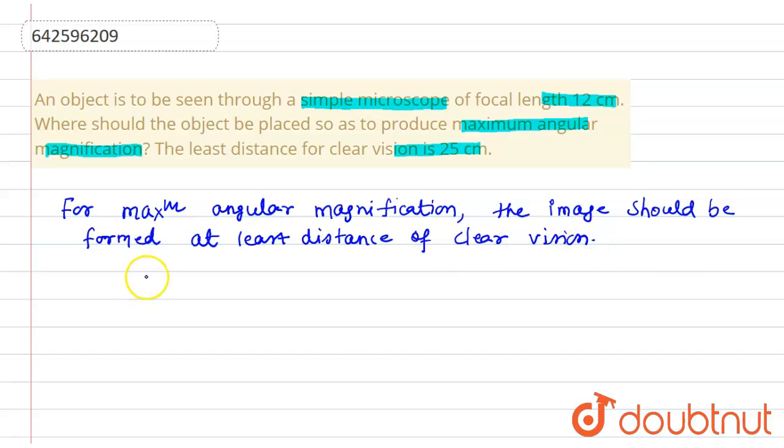So the image distance v should be equal to minus d, which is equal to minus 25 centimeter.